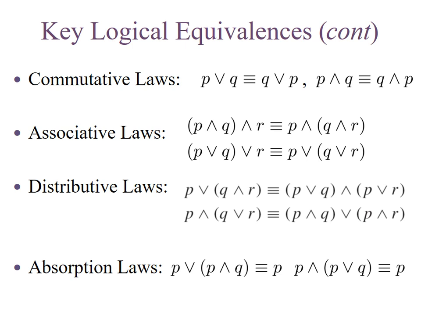For associative law, you can associate P, Q, and R in different orders. For example, P and Q apply first, or Q or R, you calculate this first. So we call this associative law. The last one, distributive law: we have P or parentheses Q and R. Then we can distribute P to the elements inside the parentheses.